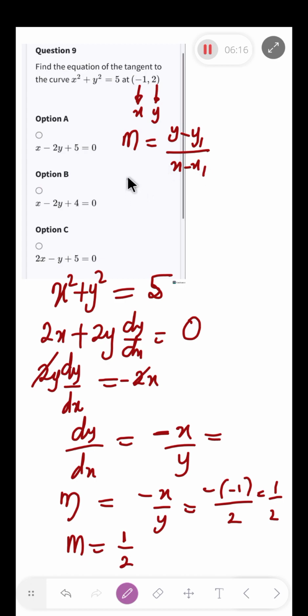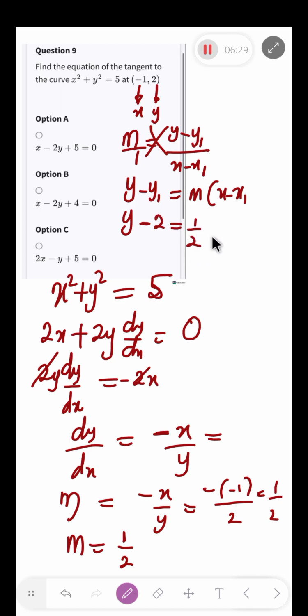And then trivially, y minus y1 is equal to gradient times x minus x1 if you cross multiply in this case. And that will be y minus my y1, which is 2. My gradient is 1 over 2. And at the same time, I have x here, and my x1 in this case is minus 1.